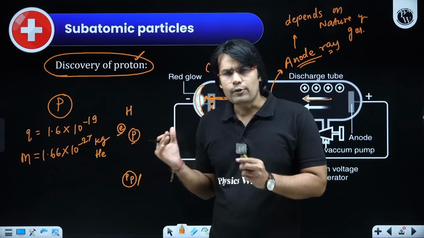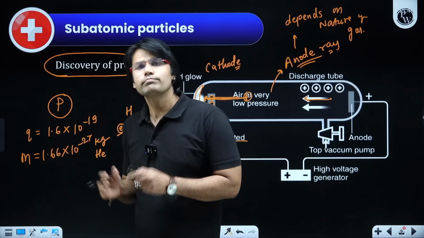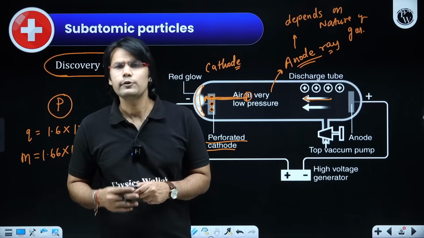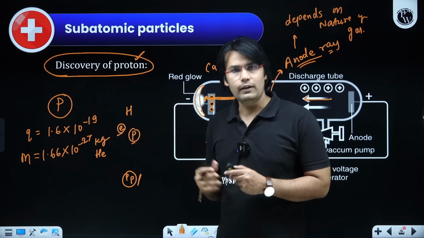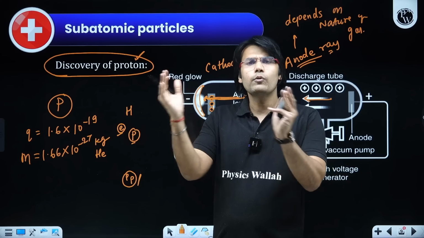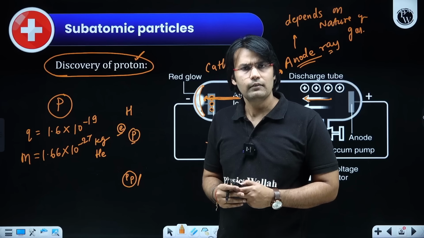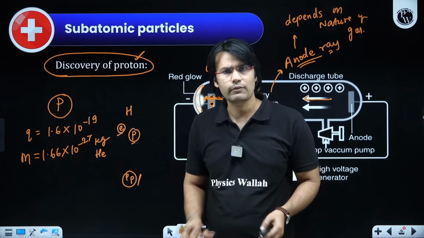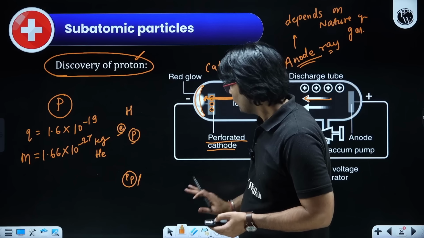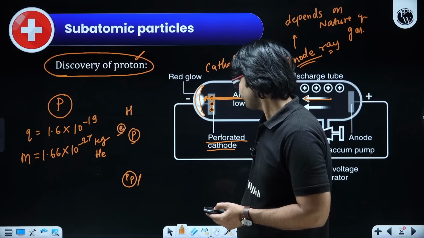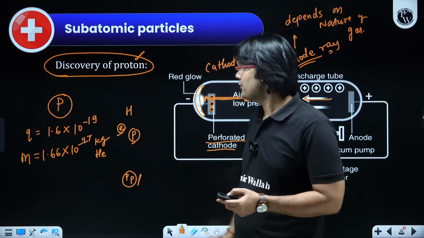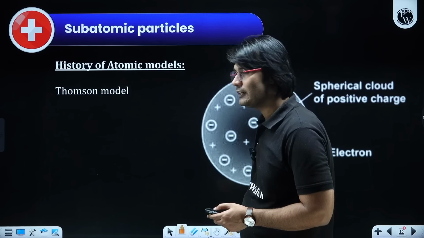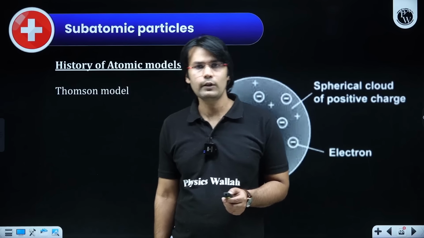Just like electron and proton, we also have the discovery of neutron, and neutron was discovered by none other than James Chadwick. But you don't have to go into the discovery of neutron part. Just remember that neutron was discovered by James Chadwick. Overall, you need to remember the basic properties of electron, proton and neutron.